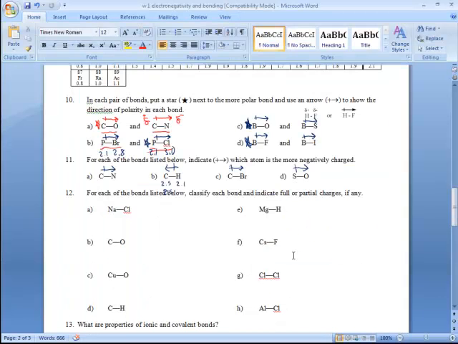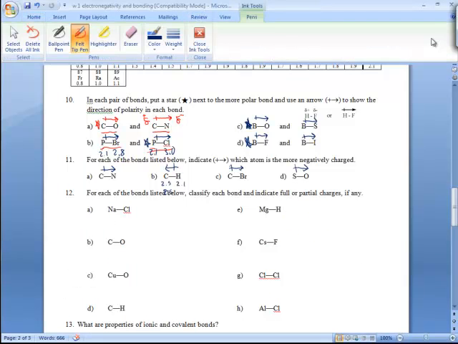So for number 12, we're going to use the periodic table at the top of the page, and we're going to write those down. For sodium, that is going to be 1.0. For chlorine, that's going to be 3.0. Now the difference between those is 2.0.